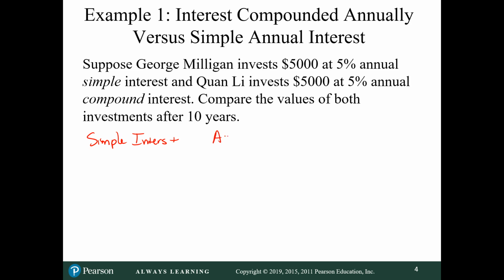The amount equals the principal plus PRT. That's simple interest. The amount in the end equals the principal plus the principal times the rate times the time. So the amount in the end for George is $5,000 plus $5,000 times 0.05 times 10.